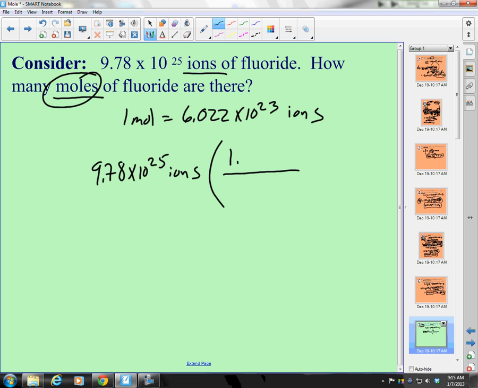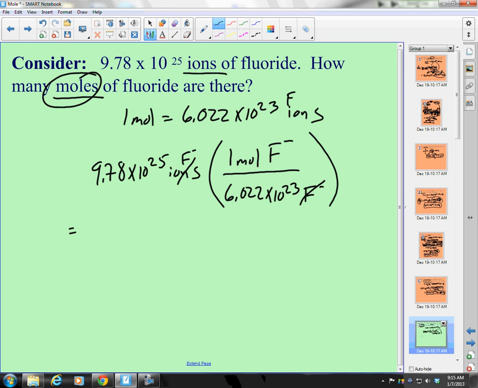So I'm going to put 1 mole of fluoride ions, and on the bottom what I want to get rid of, 6.022 times 10 to the 23rd fluoride ions. My fluoride ions cancel and I'm left with moles.